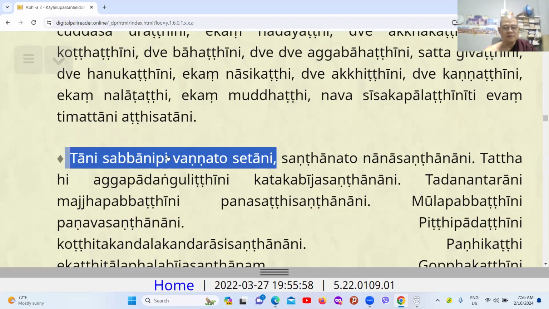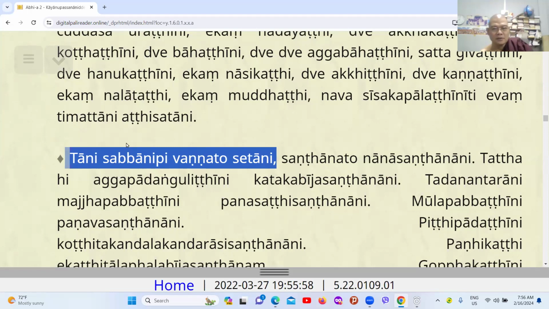All these bones have the color white. The color of the bone is white. So when we contemplate on the bone, whatever bone, it doesn't matter, any bone, you have to contemplate on the bone.